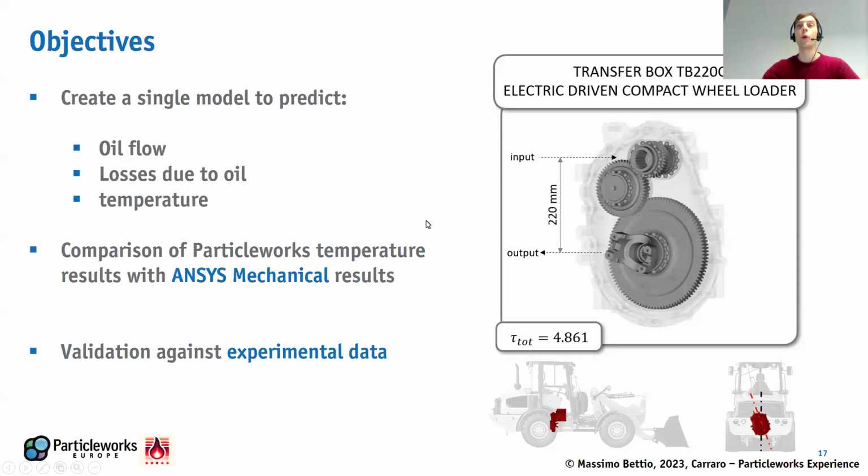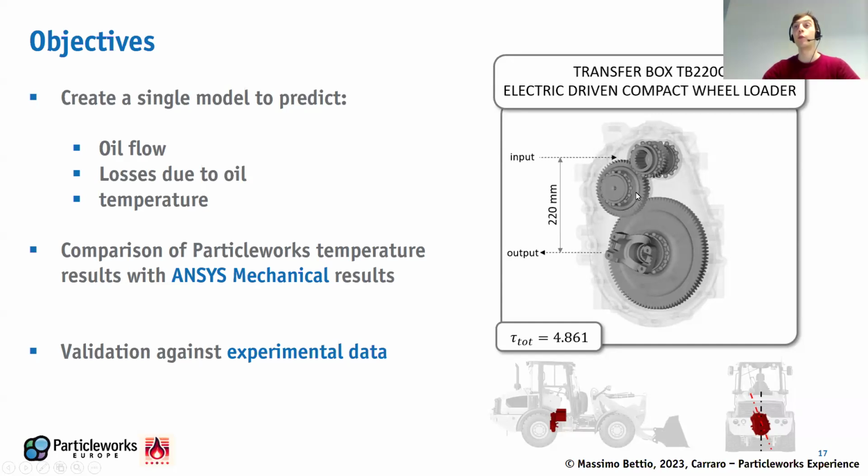The objective was to compare the temperature prediction at different bearings. They have 6 sets of bearings here, and they wanted to see the temperature distribution at different operating points, so different rotational speeds, as compared to other simulation tools like ANSYS Mechanical and also experimental data. They also had thermocouples placed at the bearing sector, and we will see them.